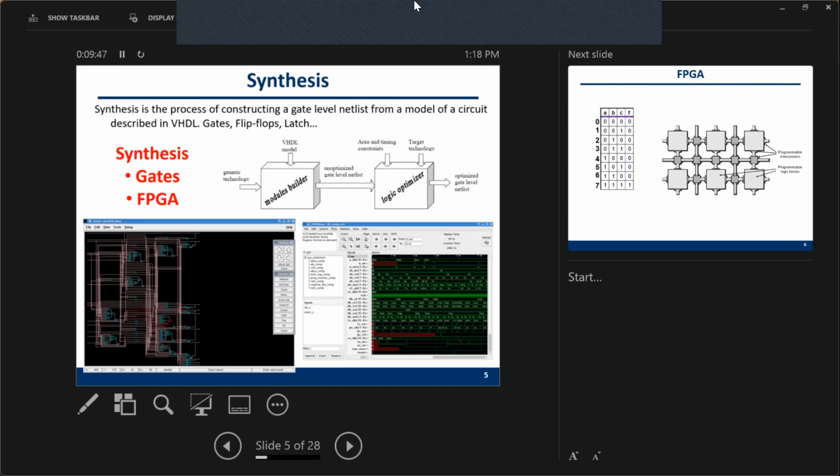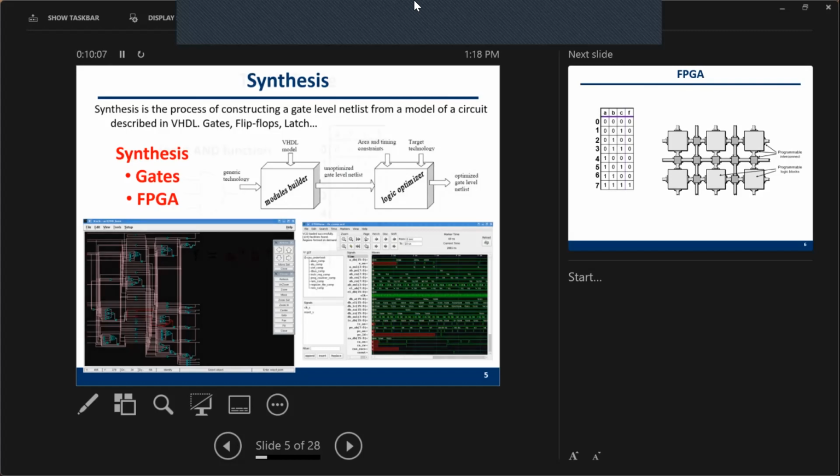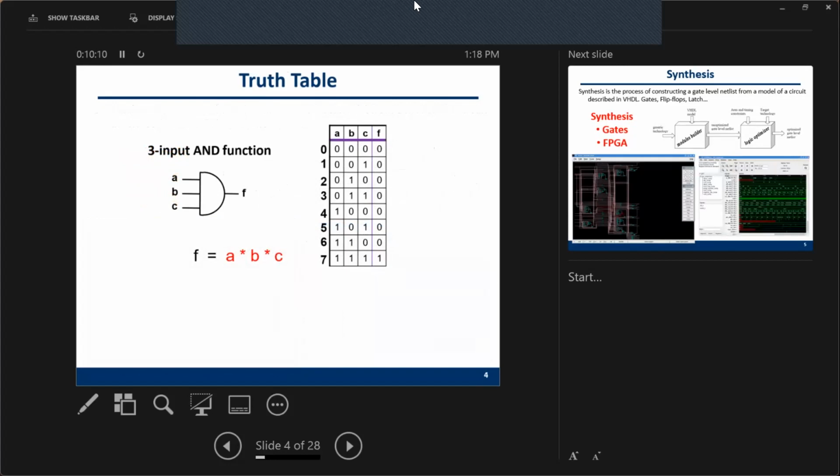And then you can do another level of simulation. In your homework 1, we just do some logic level simulation. With logic level simulation, you get the function like this truth table. You set the input here, and then you have the corresponding output. It's very straightforward.